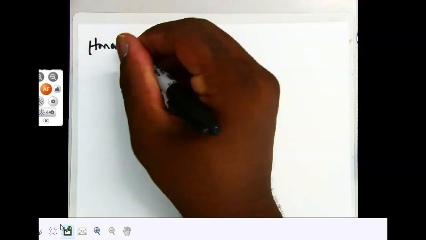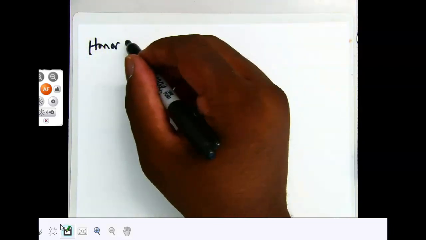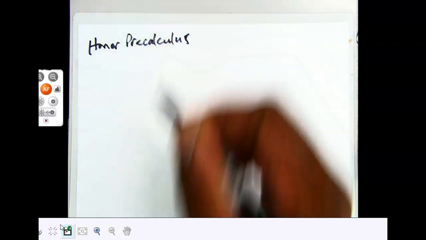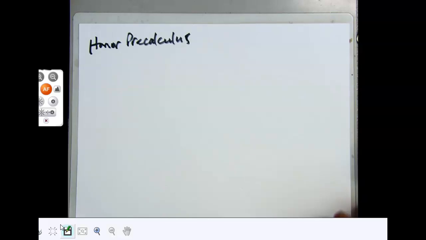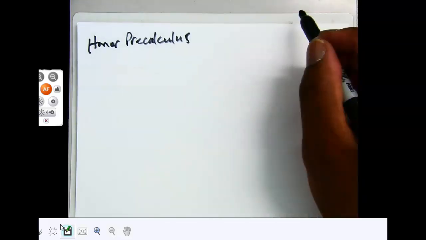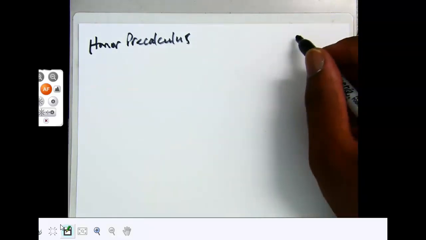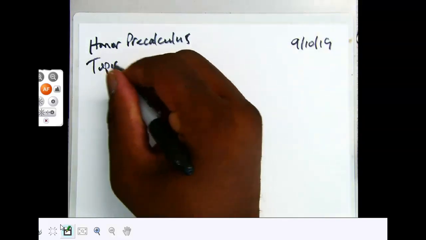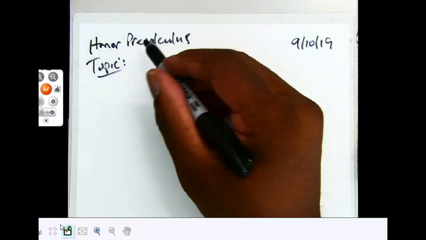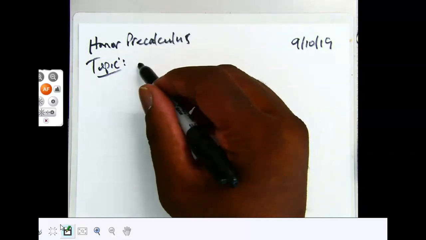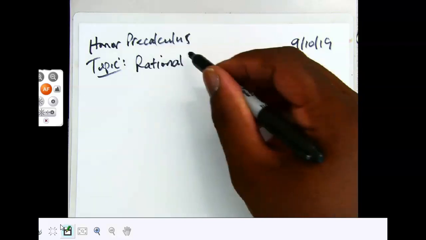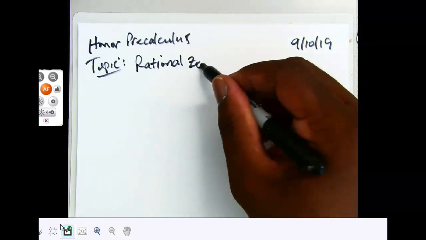Today, we're going to continue with the synthetic process to find zeros of polynomial functions. So we'll continue with the rational zero theorem.